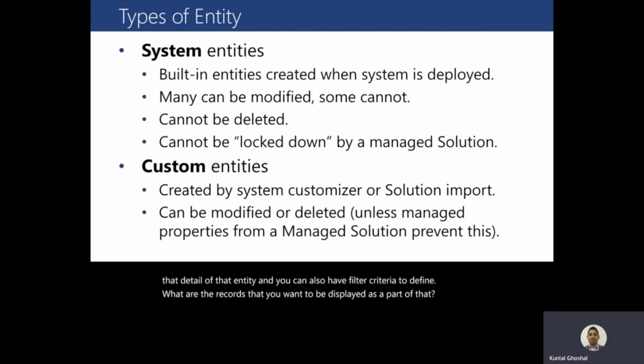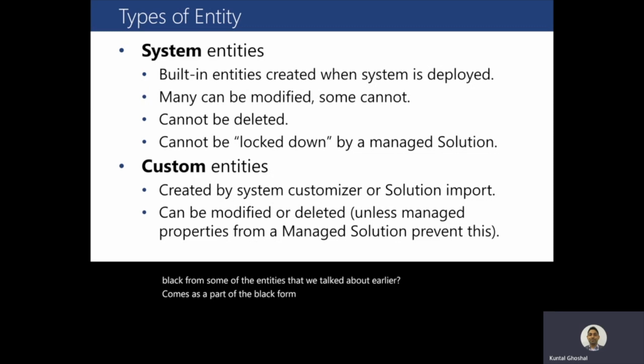Let's talk about types of entity. There are typically two types of entities. One is the system entity, which is what comes when you configure a platform. Some of the entities that we talked about earlier come as a part of the platform.